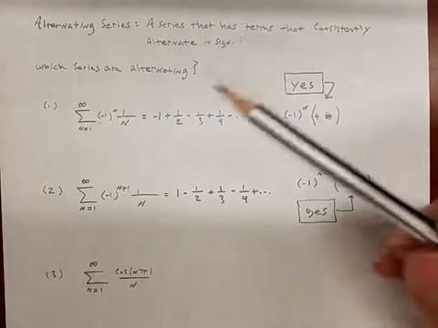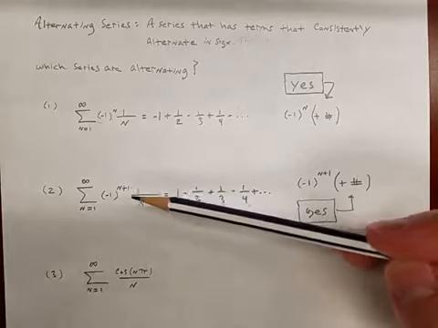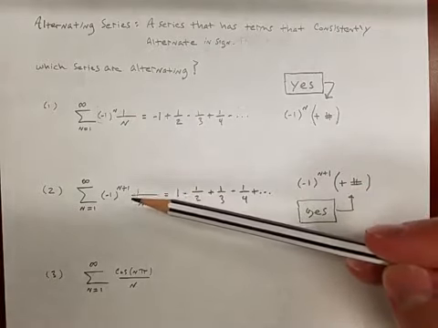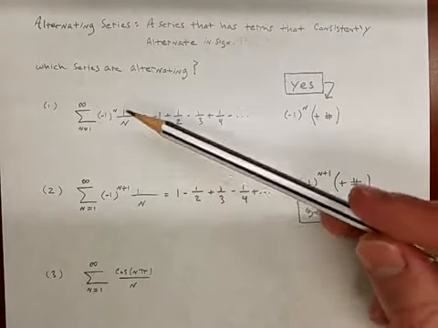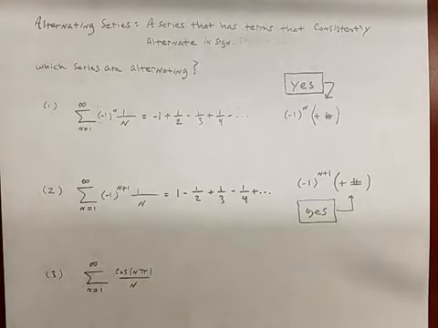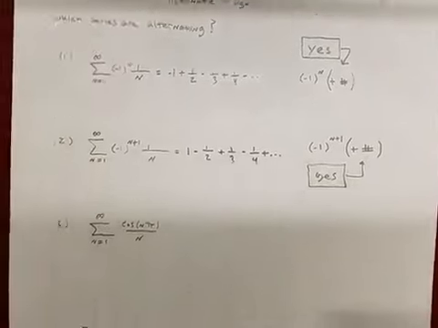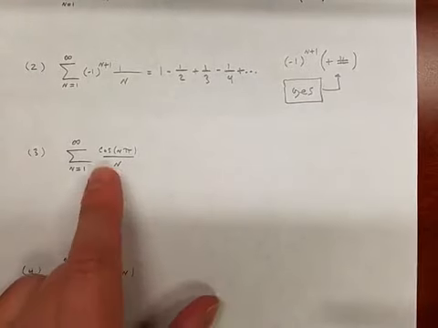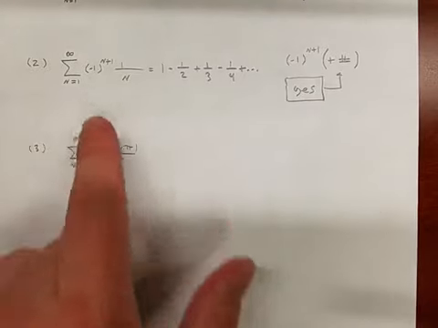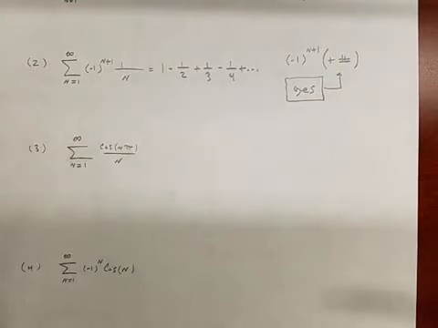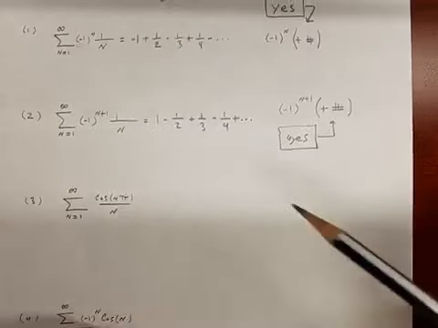Okay, now you get the feeling that maybe if I see (-1)^n somehow, then it might be alternating. Okay, sure. But that's how you're going to really know. So what about these two? This one does not have that aspect, (-1)^(n+1) or (-1)^n.